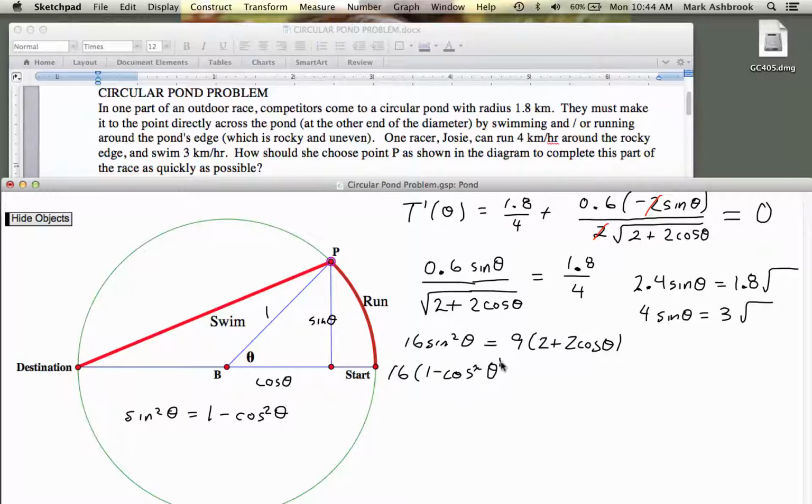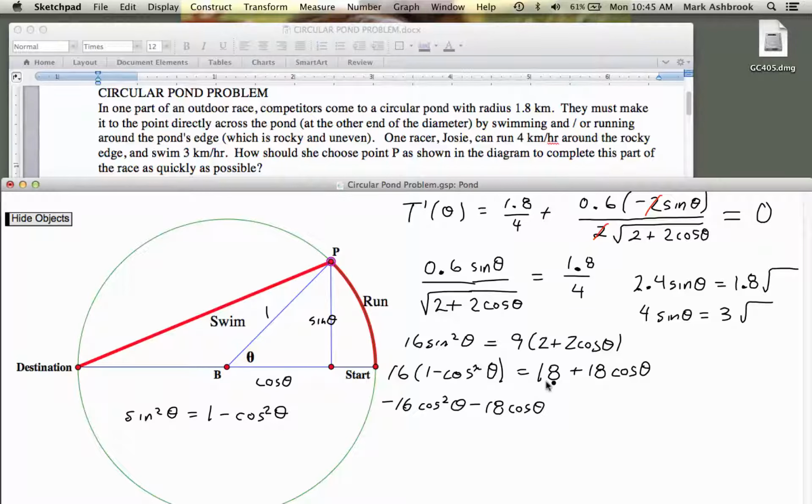So 16 times 1 minus cosine squared equals, and I'll go ahead and multiply this out, 18 plus 18 cosine theta. Okay, so with quadratics, we move everything to the left and get a 0 on the right. So I'll have negative 16 cosine squared minus 18 cosine.